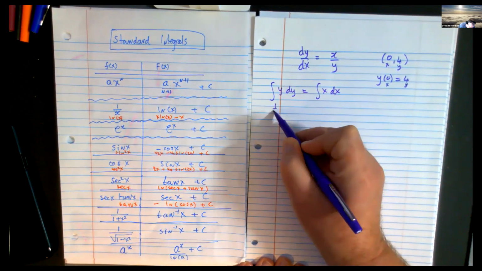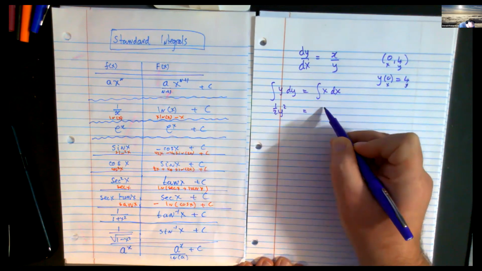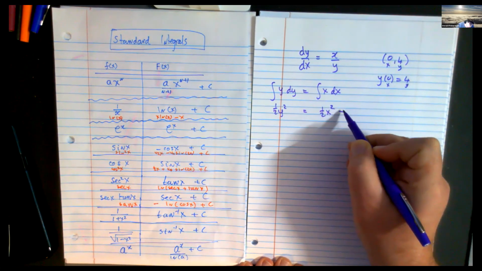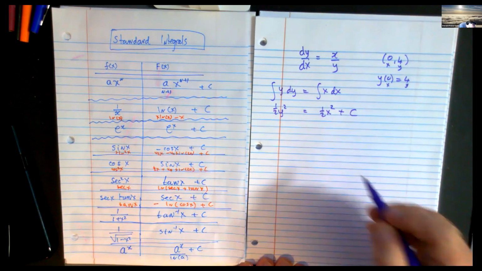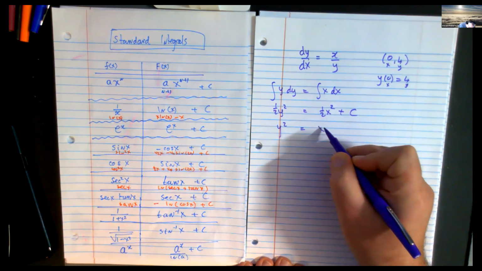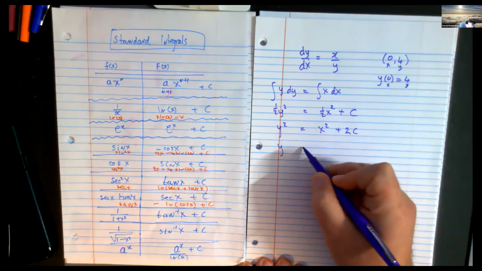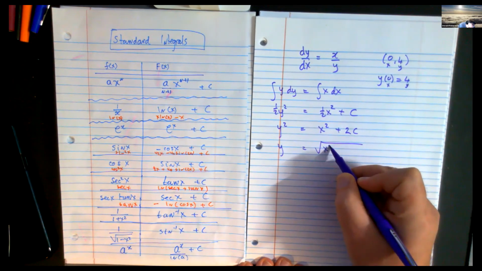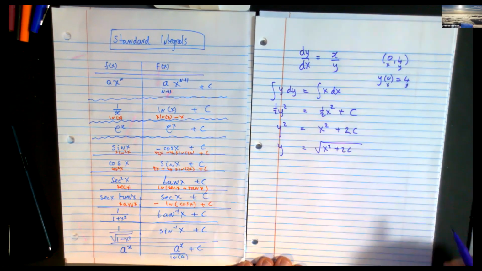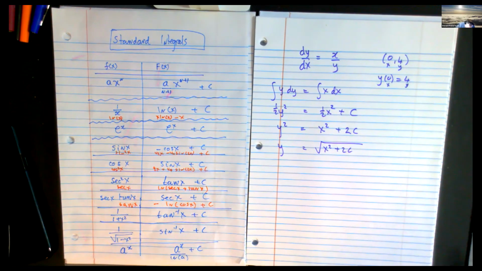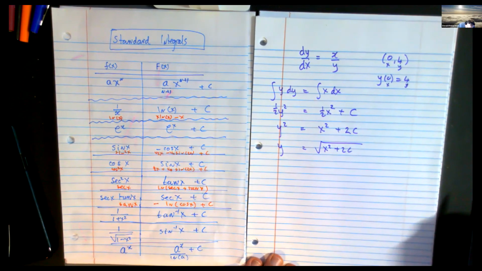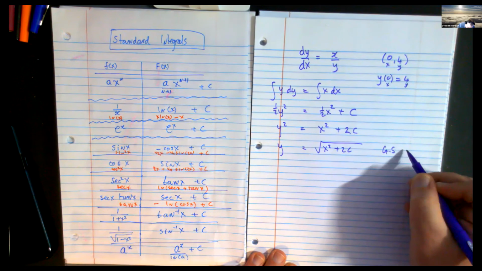One half y squared equals one half x squared plus c. Multiply both sides by 2, and then take the square root. I guess technically I should be taking plus or minus, but let's just assume that it's positive. And that's the general solution to our differential equation.